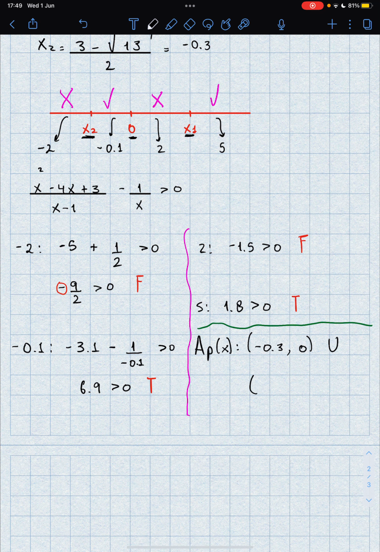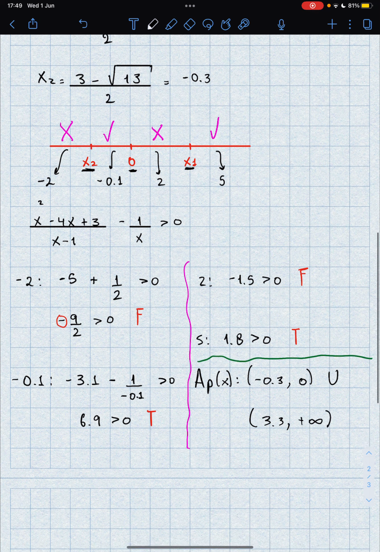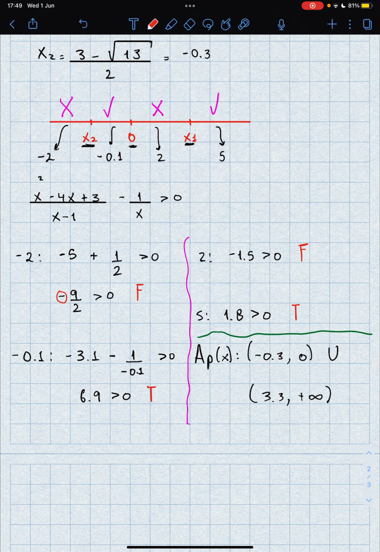And from x1, what is x1? 3.3 to positive infinity. Remember, this one is x2. This one is x1. So what would happen?